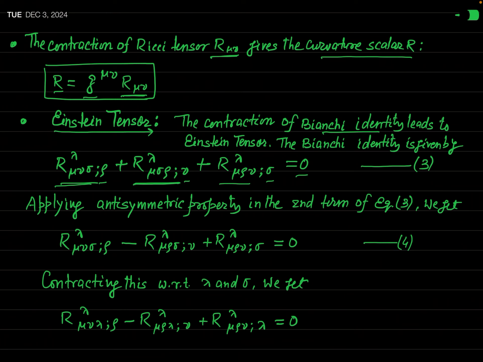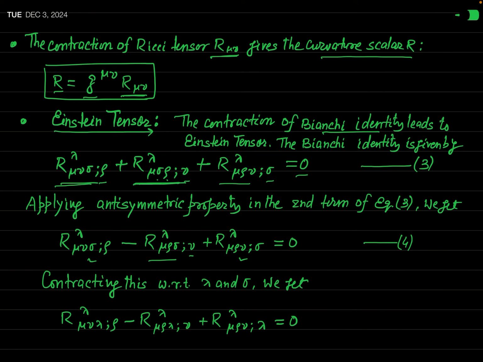Then the first term and the last term will remain as they are. Here I am taking the anti-symmetry property with respect to the indices sigma and rho. So when sigma and rho get interchanged, the sign of this tensor changes. So this will be equal to minus R lambda mu rho sigma semicolon nu. Okay.